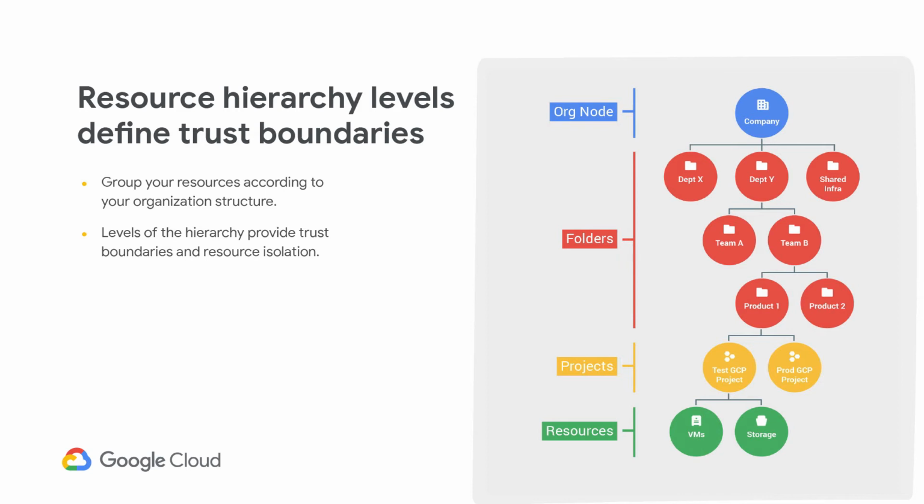Now, for the resource hierarchy itself, you will maybe find it easier to understand it from the bottom up. What you see on the screen, for example, virtual machines, buckets, tables in BigQuery, and so on, are all organized into projects. A project is always the starting point for starting anything on Google Cloud.